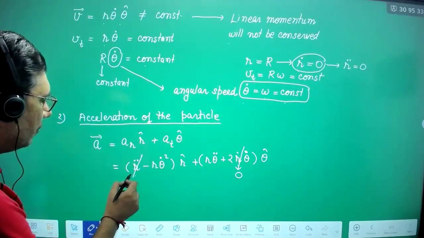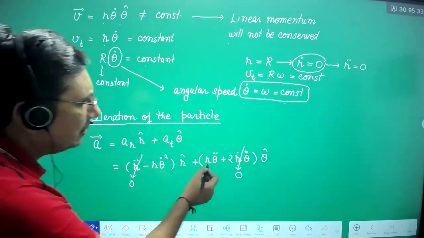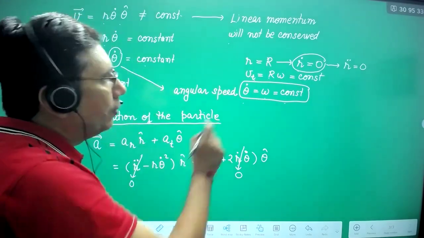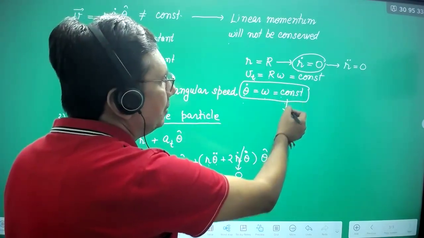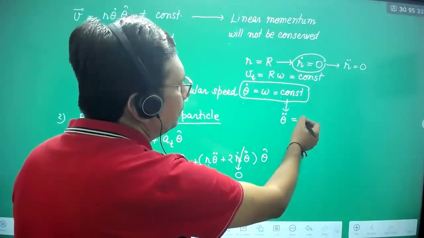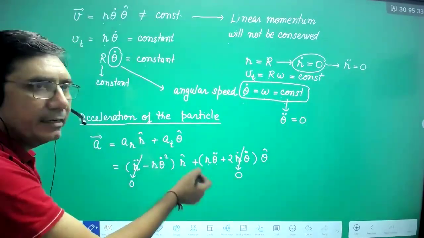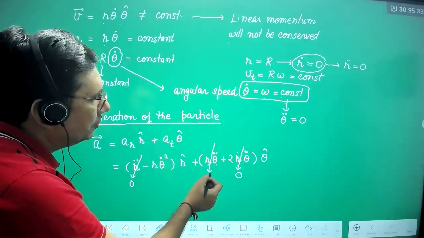Now, theta dot is constant, so theta double dot will be 0. So this will also be 0.